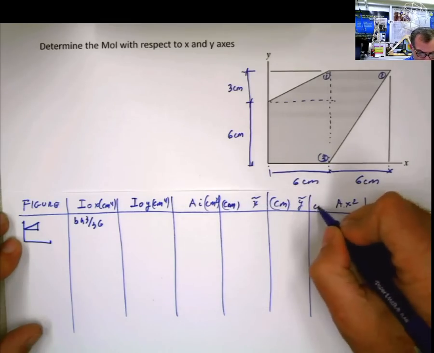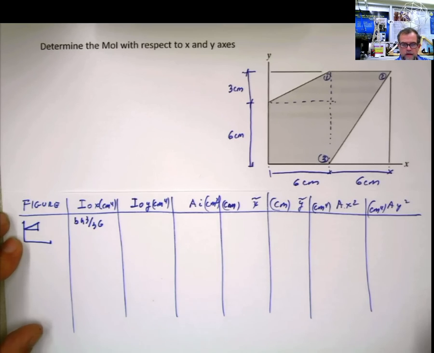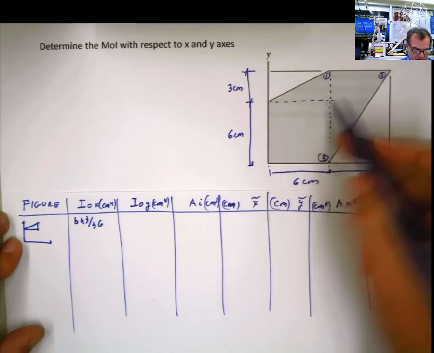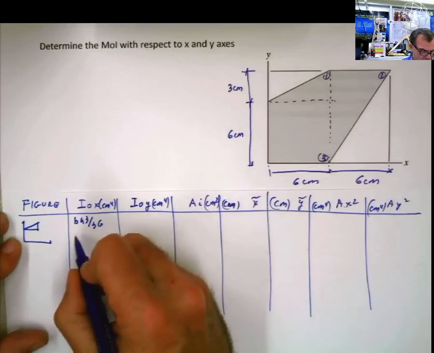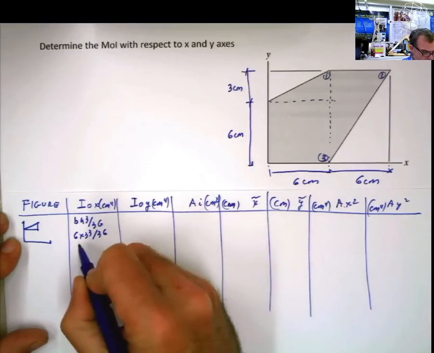For this figure, b is 6 and h is 3, so 6 times 3 to the third divided by 36, which is 4.5.